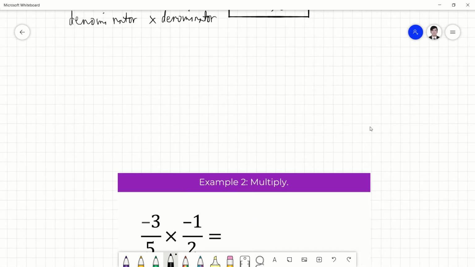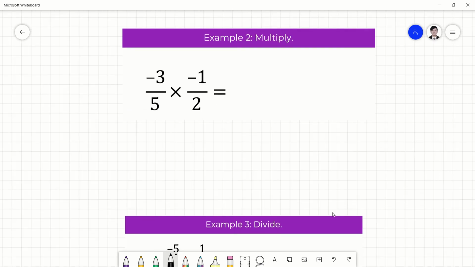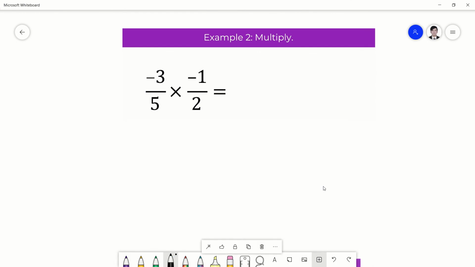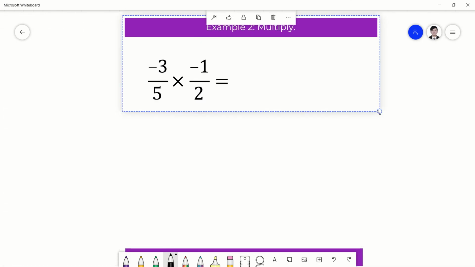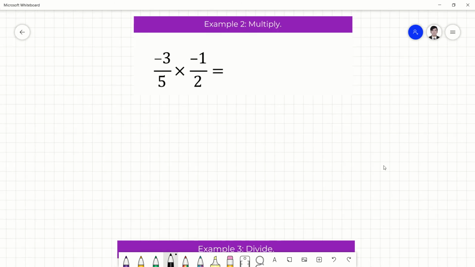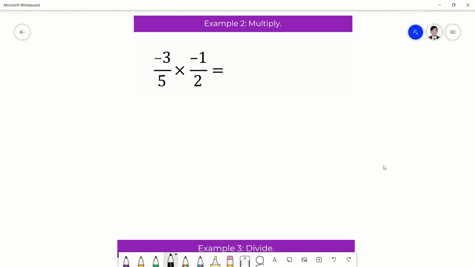Let's proceed to example number 2. We have here negative 3/5 times negative 1/2. We will be doing the same thing. Take note, numerator times numerator, denominator times denominator.